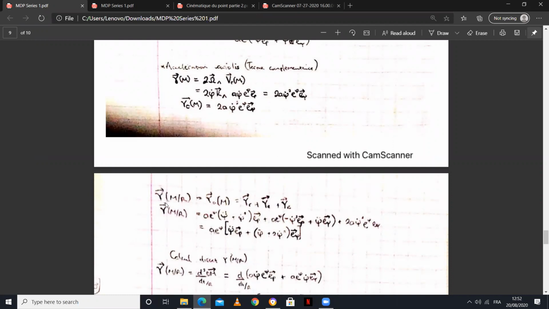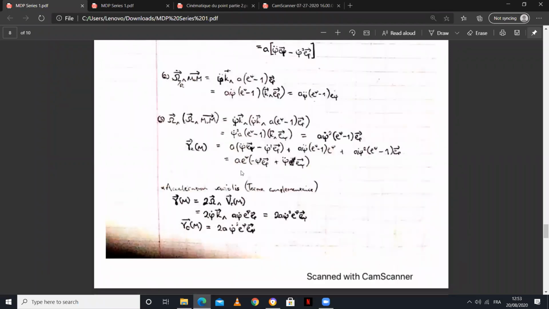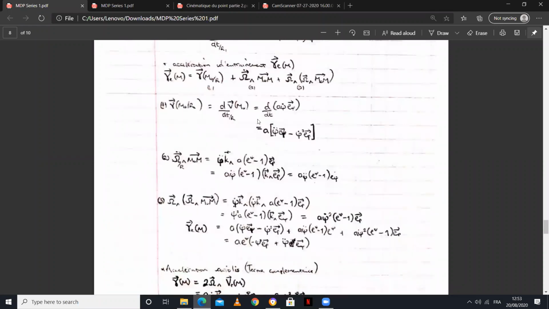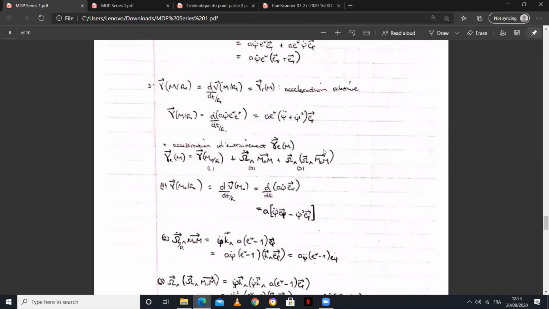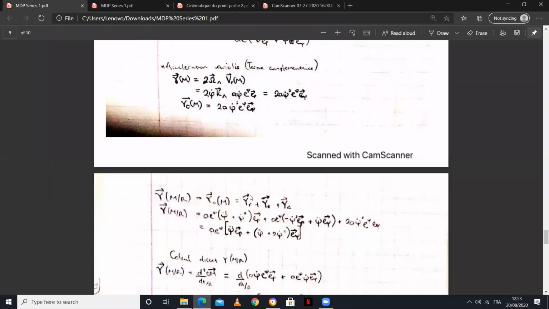And then finally, you have been asked to calculate gamma absolu. So gamma absolu is simply la somme de gamma relative, gamma d'entraînement plus gamma Coriolis. We've already calculated all these three. So you just get gamma Coriolis there, plus gamma d'entraînement there, plus gamma relative. Gamma relative is this one there. You add them, you group like terms, and then you simplify the expression and you get your answer as that there.